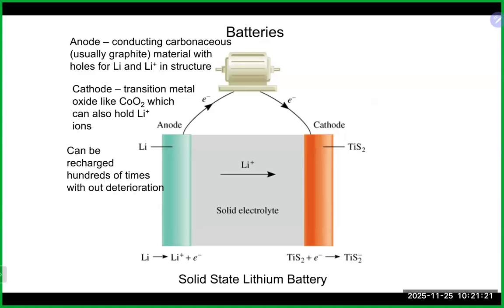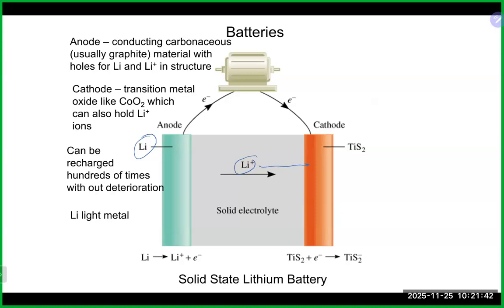Lithium batteries, or solid state lithium batteries, work a little bit differently. They do have some type of conducting carbon graphite material that has holes in it for the lithium to travel. So when it loses electrons, it will allow the lithium ions to travel through that solid electrolyte.